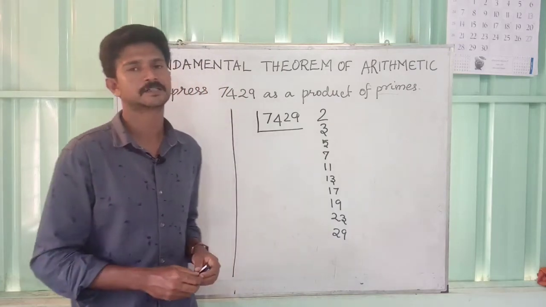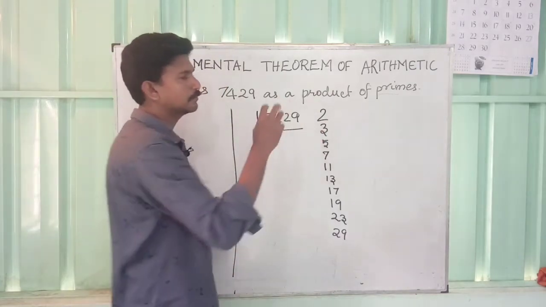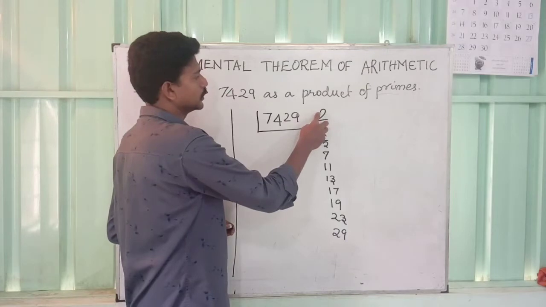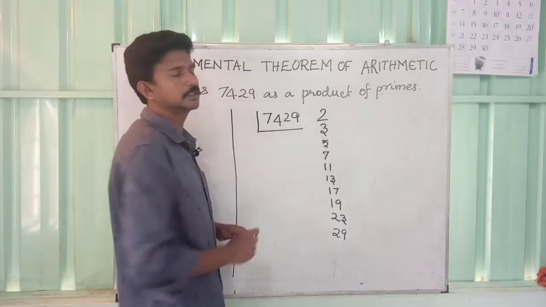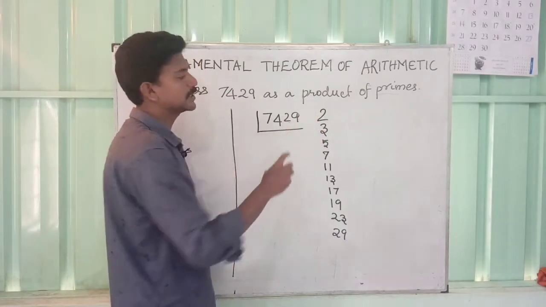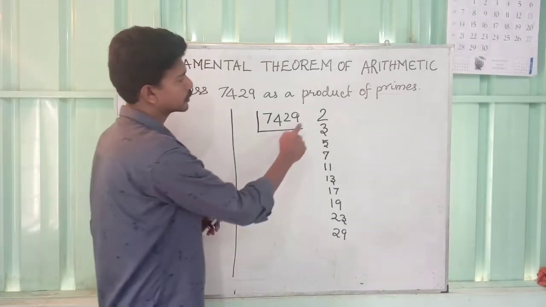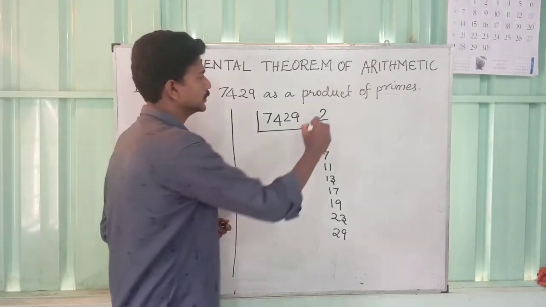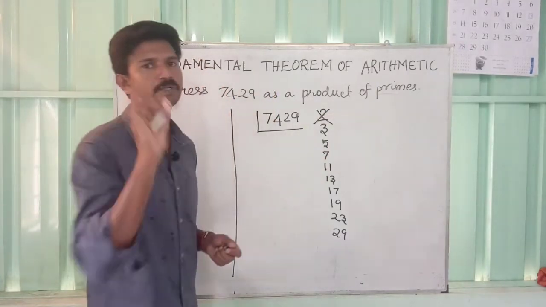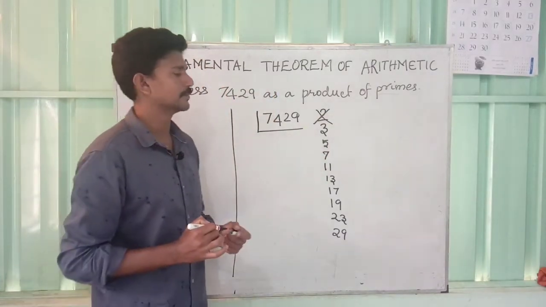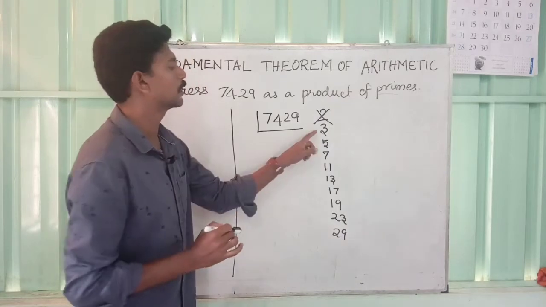For a number to be divisible by 2, the ones digit should be an even number. This is not an even number, so it is not divisible by 2. So no, we can't divide by 2. The next number: what is the divisibility rule of 3?